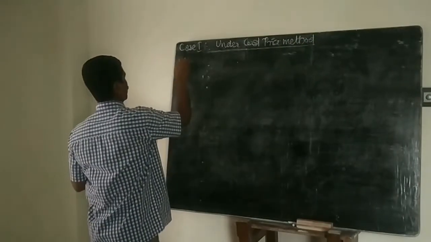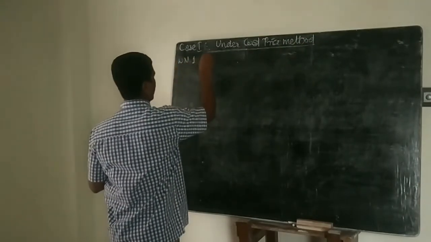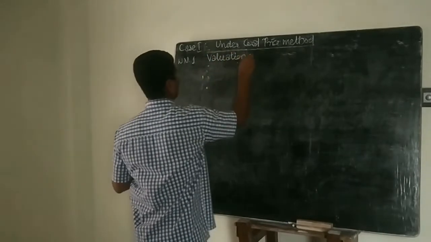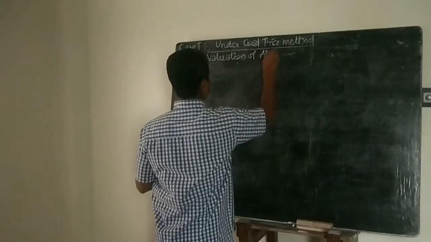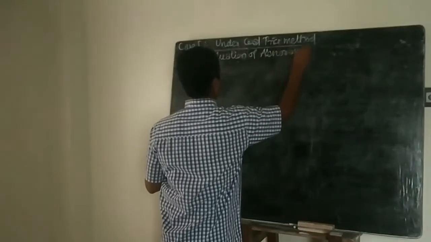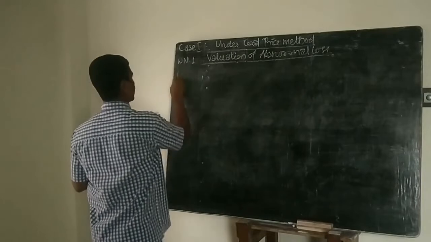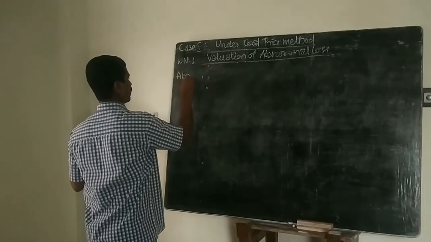So here working note 1, that is valuation of abnormal loss. Let us write down the formula.